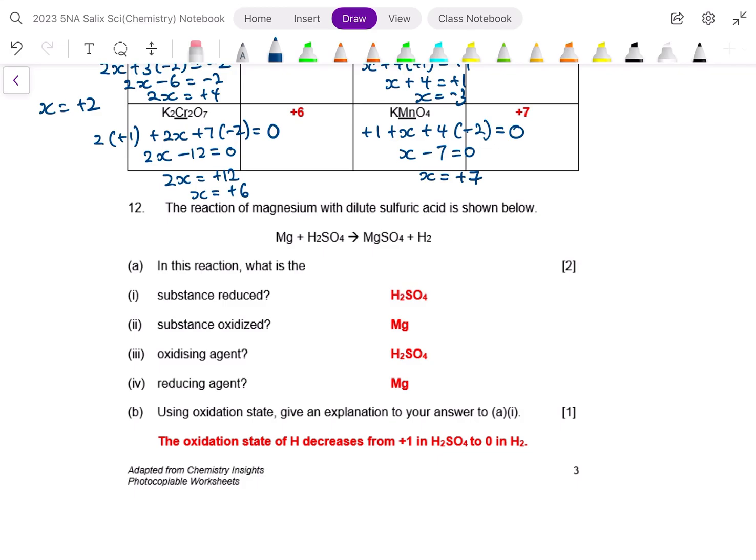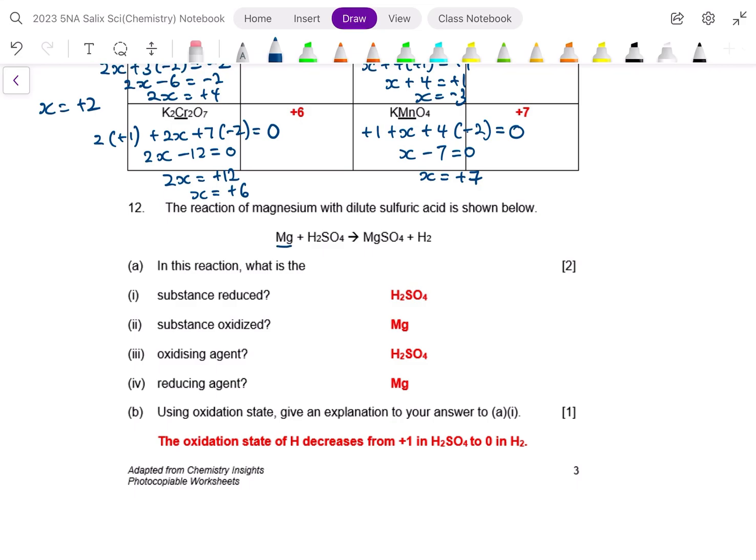Okay, so the reaction of magnesium with dilute sulfuric acid is shown below. So in this reaction, what is the substance that is... okay, basically I have to find the oxidation state first. Okay, so let's go one by one.